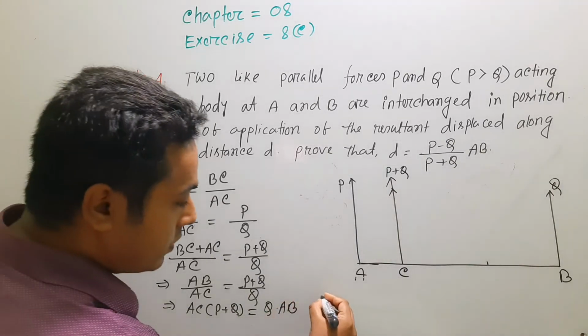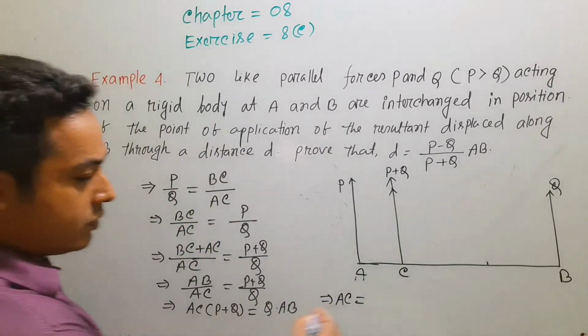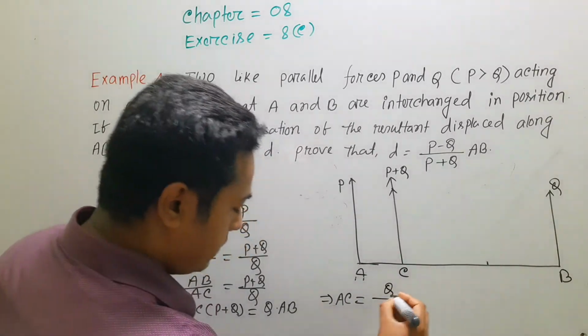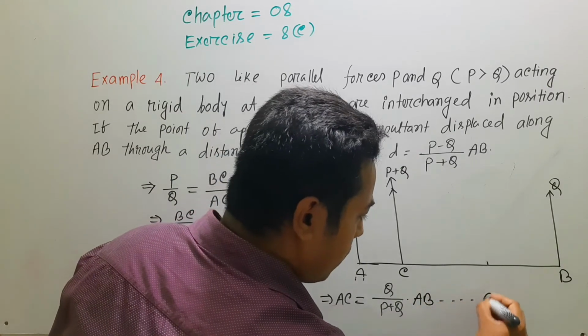So AC is equal to Q divided by (P plus Q) into AB. This is equation 1.